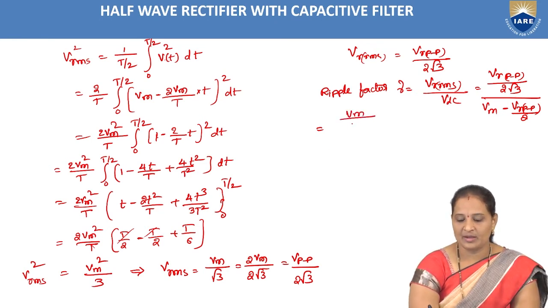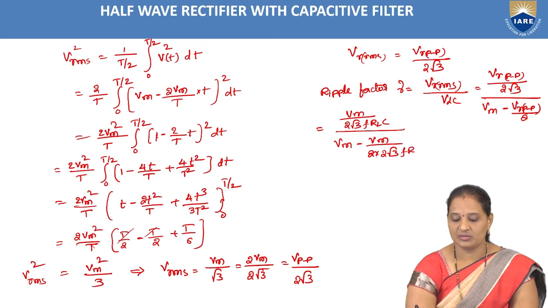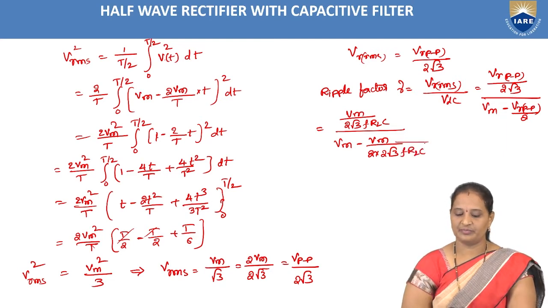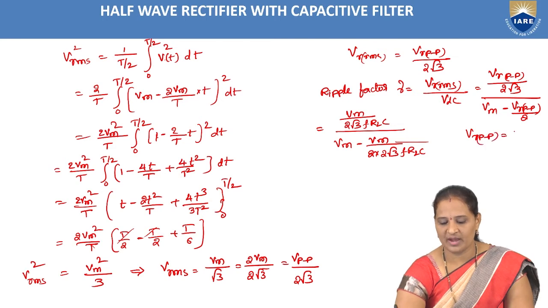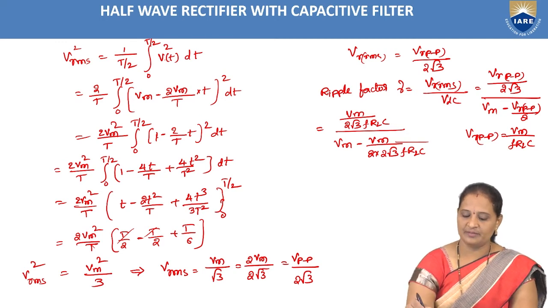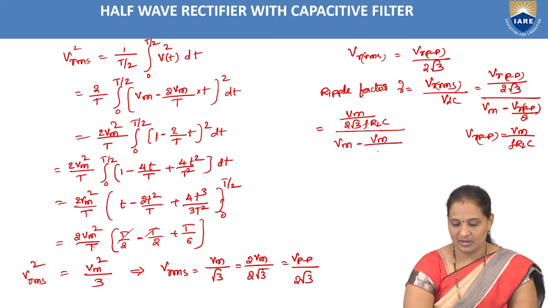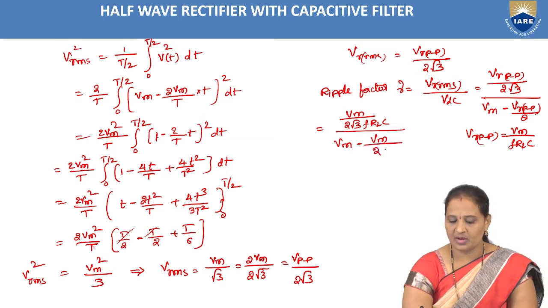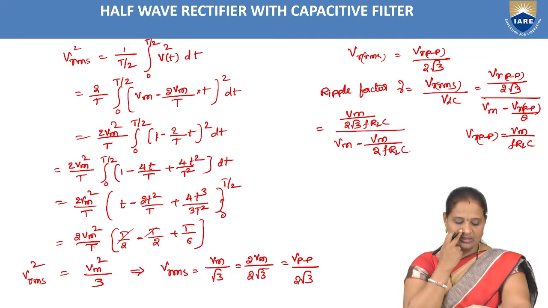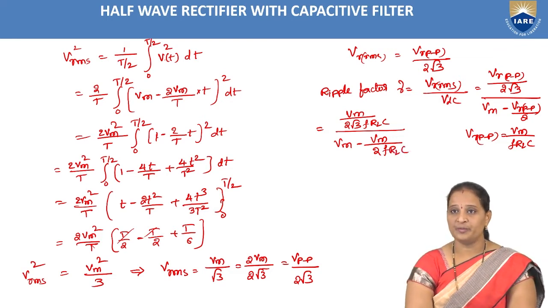So Vm by 2 root 3 F into RL into C, divided by Vm minus Vm divided by 2 into F into RL into C. So here we won't get the 2 root 3 in the denominator term; it is Vm divided by 2 into F into RL into C.